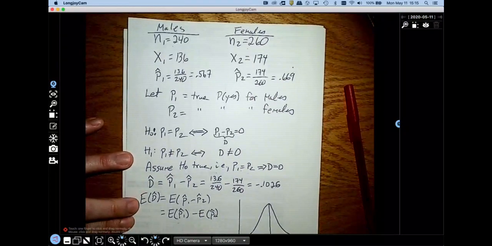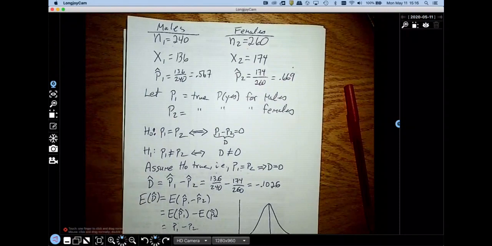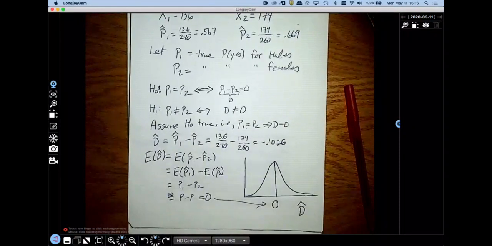Under the null hypothesis, this is equal to p1 minus p2, but we've assumed these are the same under the null, so I'll just write this under H naught as p minus p, or 0.